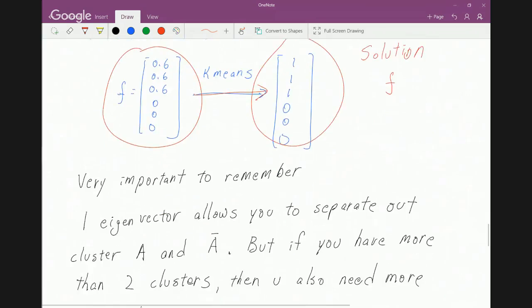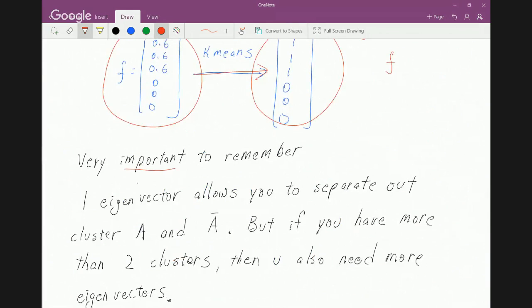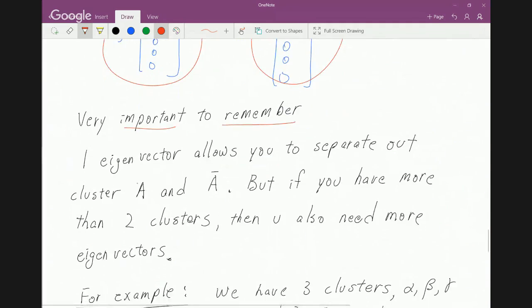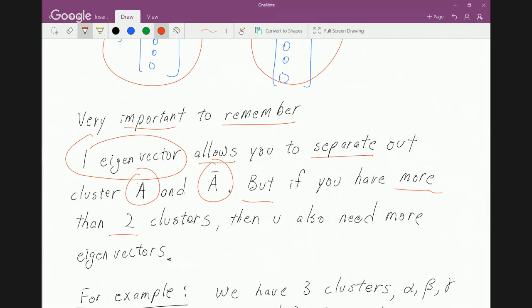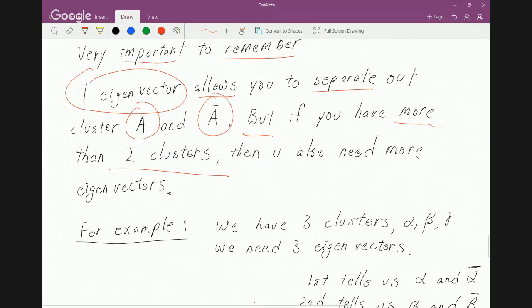Now, it's very important to remember, with one eigenvector, it allows you to separate cluster A and not A. That was the idea. But if you have more than two clusters, then you need more eigenvectors. Let me explain with an example.